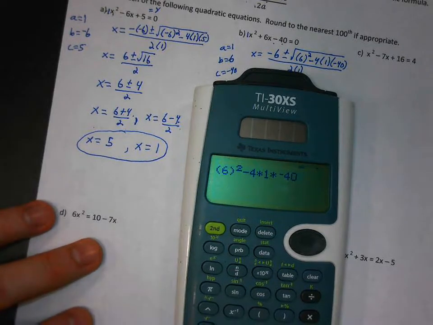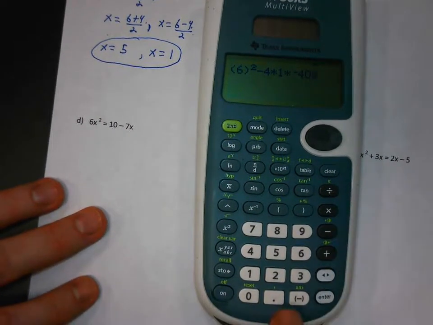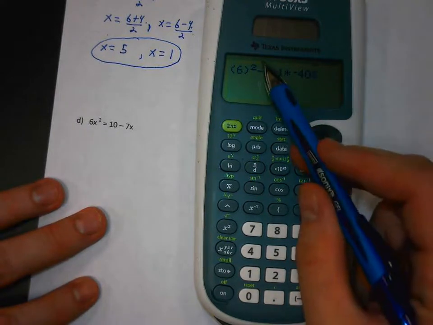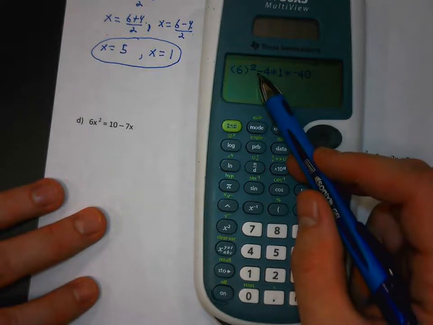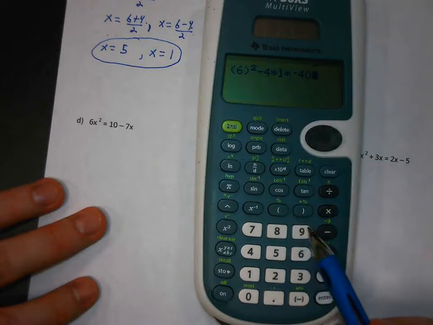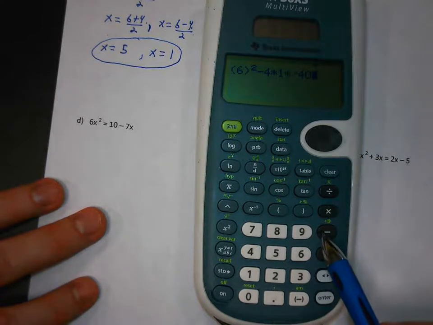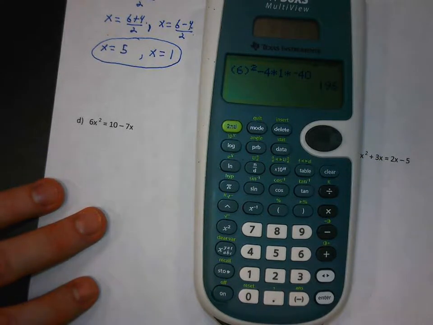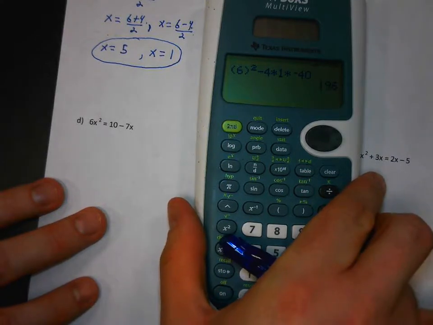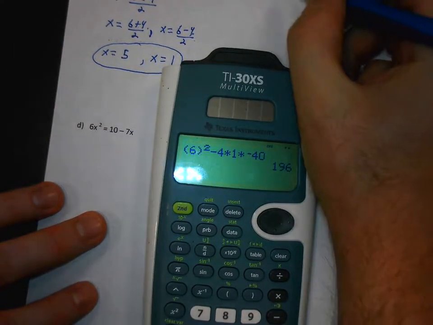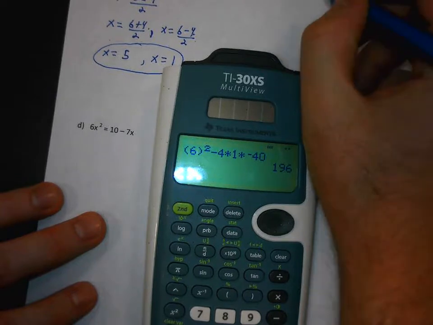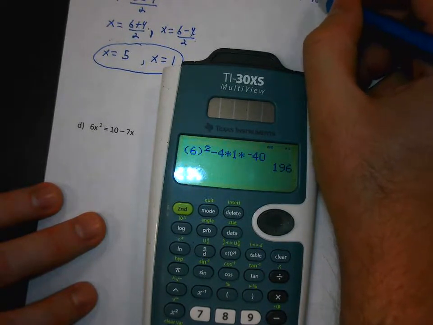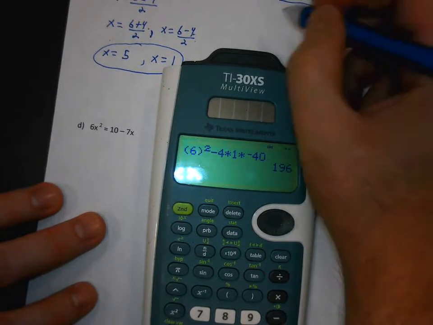Now notice I used the white negative key for the negative 40. The minus 4ac, the minus sign, is this one right here. Then press enter and it gives you 196. So we have x equals negative 6 plus or minus the square root of 196, all divided by 2.